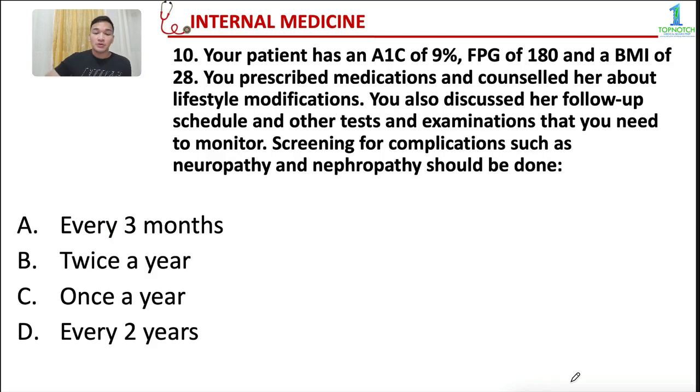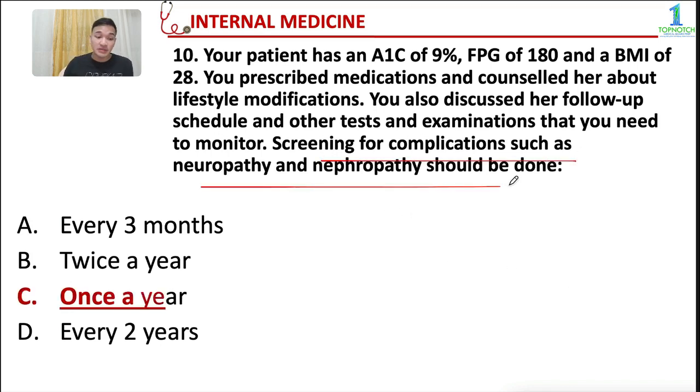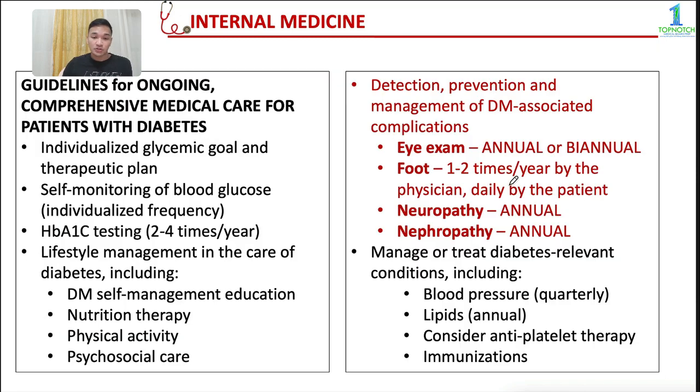Okay. Your patient has an A1C of 9%. Screening for complications such as neuropathy and nephropathy should be done once a year. So, the way that you can remember this, I don't know if natutunan na to sa inyo, is yung word na annual.